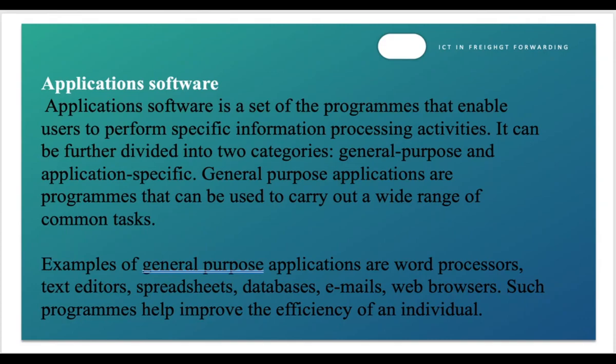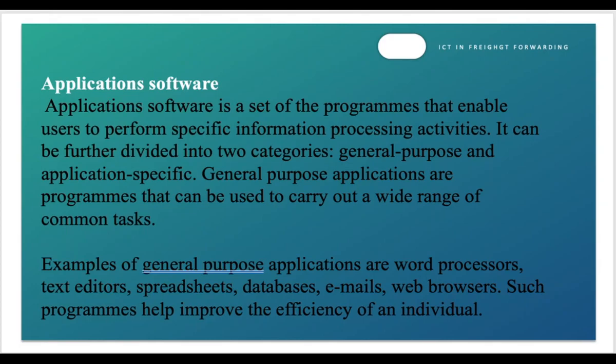Okay? Now, this can be divided further into two categories. We have the general purpose one, and then the application specific. So I don't want us to get confused about saying that the application software allows you to perform specific assignments or activities.